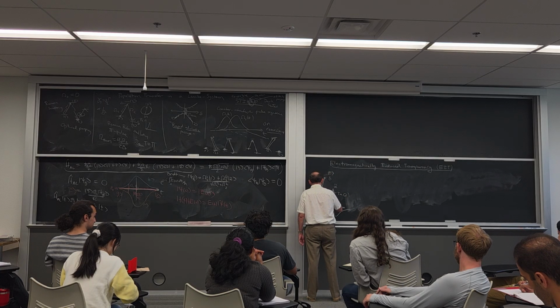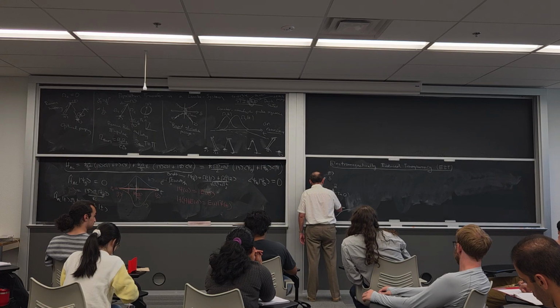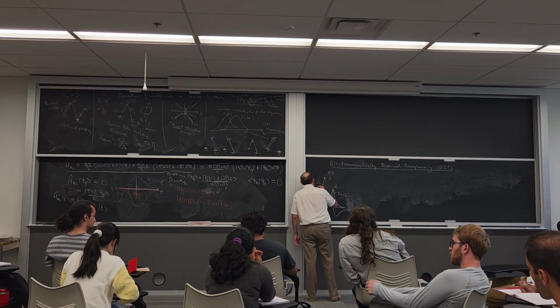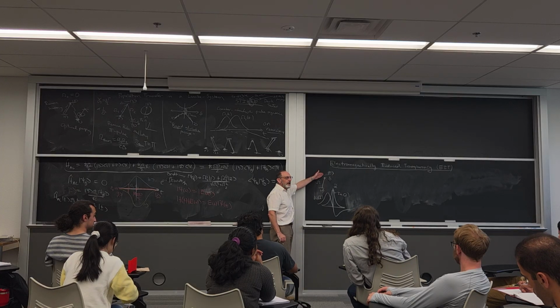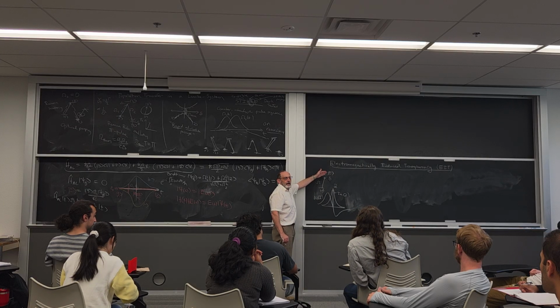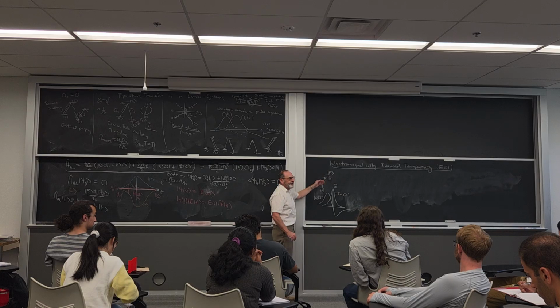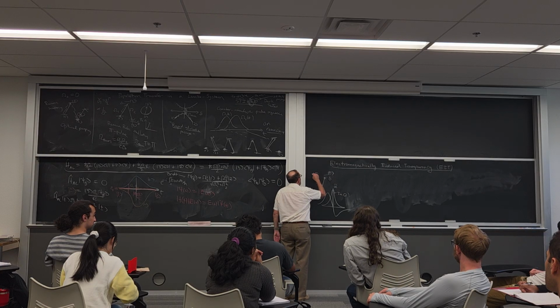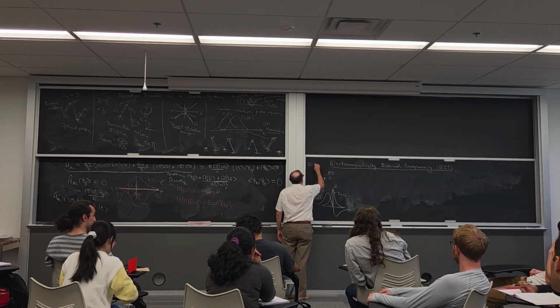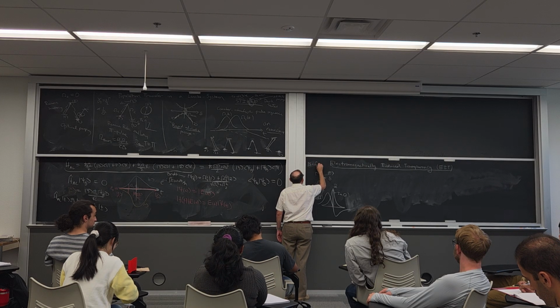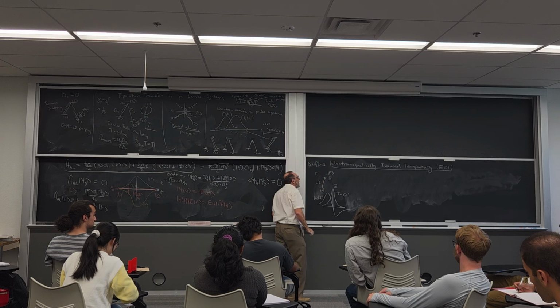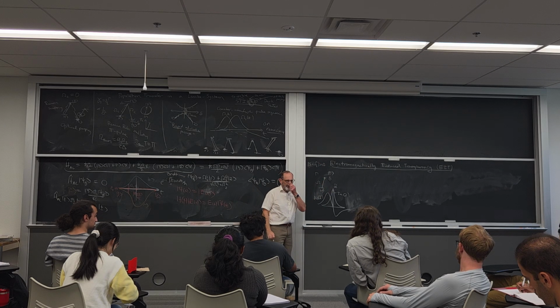As long as my Rabi frequency is sufficiently small that I have little population in the excited state, so when delta plus i gamma over 2 is much, much bigger than omega, I have this linear response.